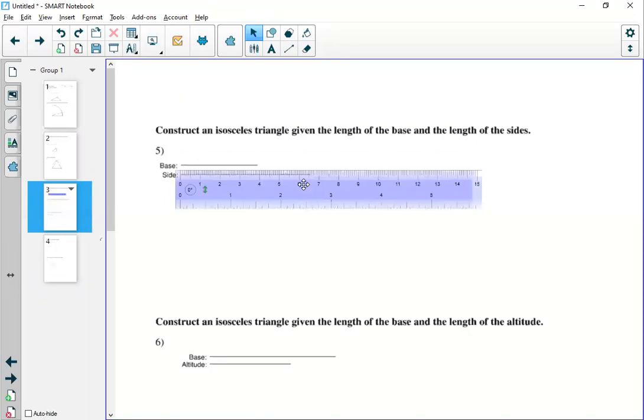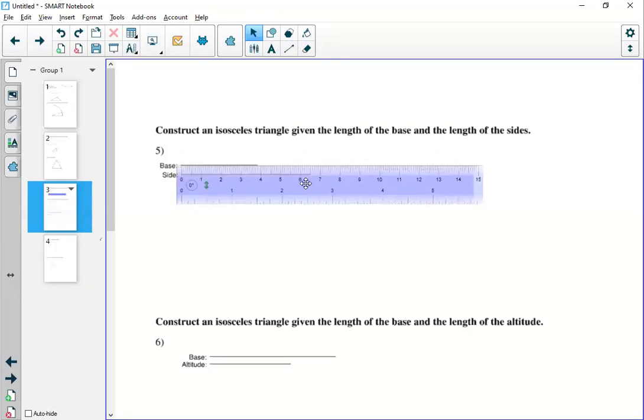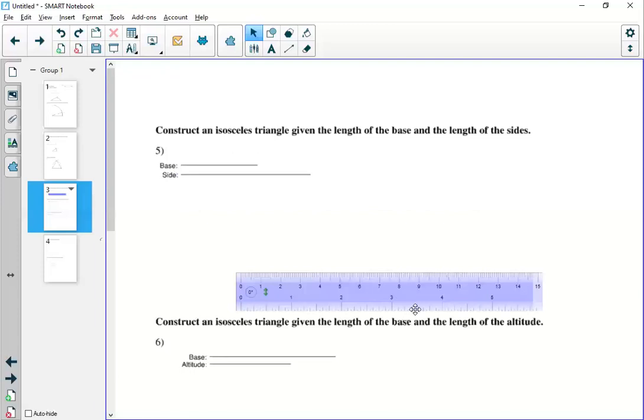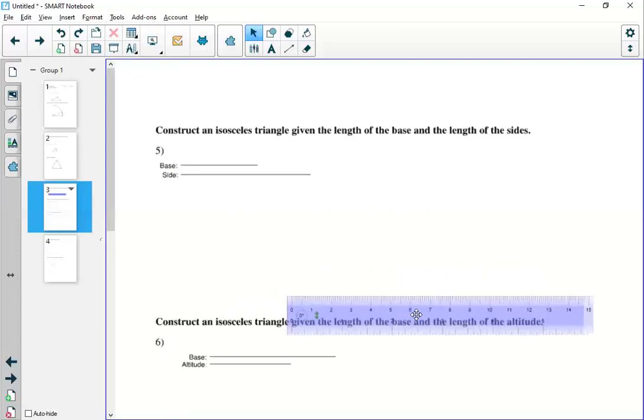First thing I need to do is to measure the base with my ruler, and that base is approximately 3.8 centimeters. So all I need to do is to draw your straight line of length 3.8 centimeters.